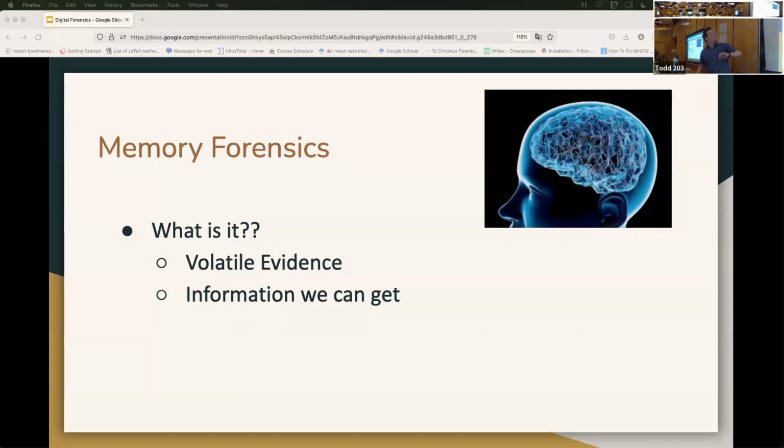So this leads us to where we're going to spend the rest of the day, or the rest of this period. We're going to be talking about memory forensics. So what is it? Memory forensics is gathering evidence from RAM, basically. Thinking about RAM, anybody want to say some of the evidence or the information that we potentially could get from RAM, from our random access memory?